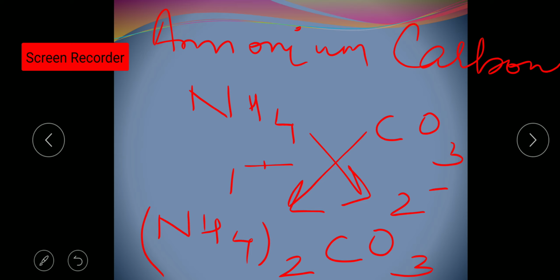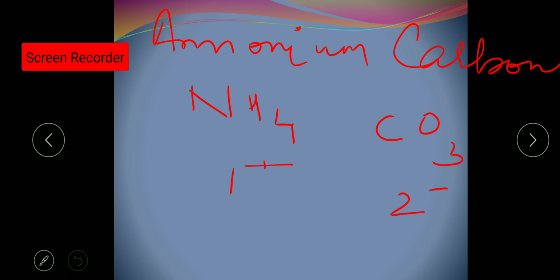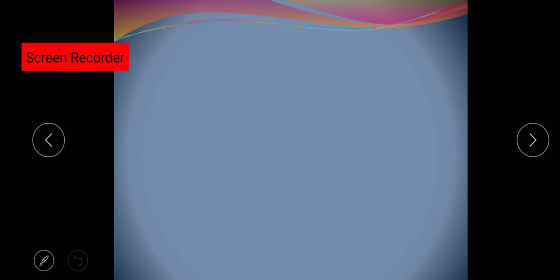Okay. Now we have to see the significance of molecular formula. What is the significance of the molecular formula? If I am writing H2O, by molecular formula we mean one molecule of the compound.